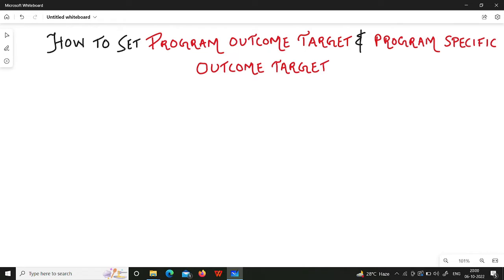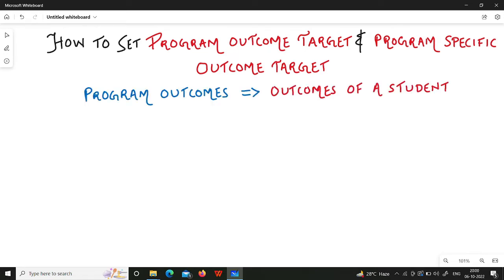Okay, so superficially we will see what are program outcomes. Program outcome is the outcome of a student, or you can say it's the outcome of a particular batch. Outcome means what changes happen in the student after engineering, after 4 years.